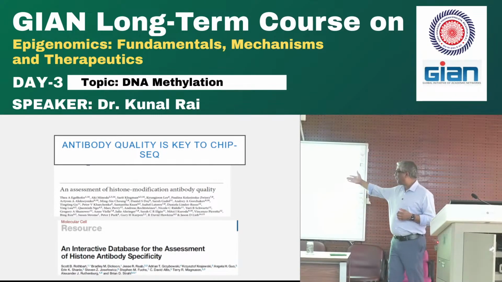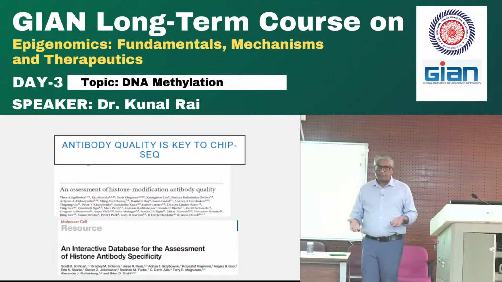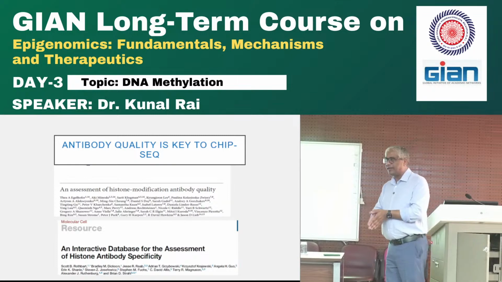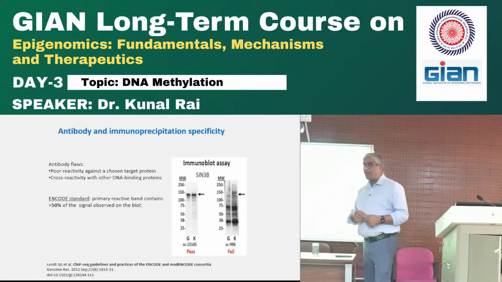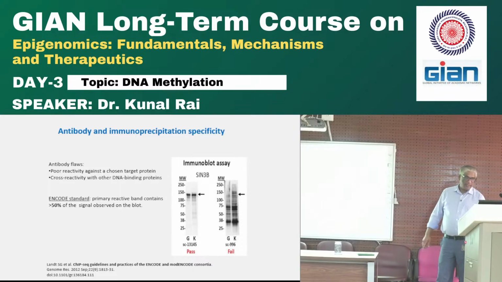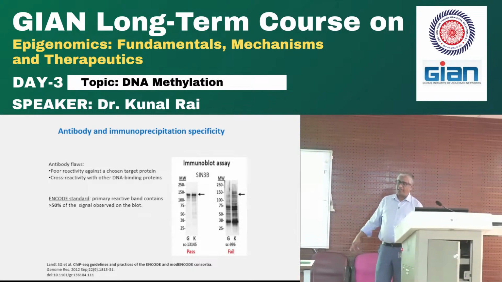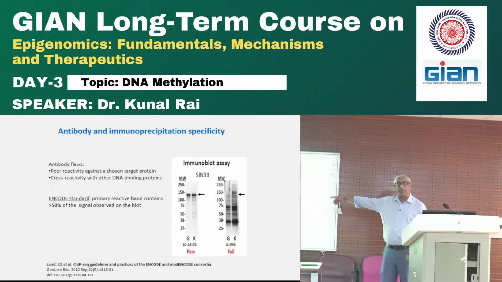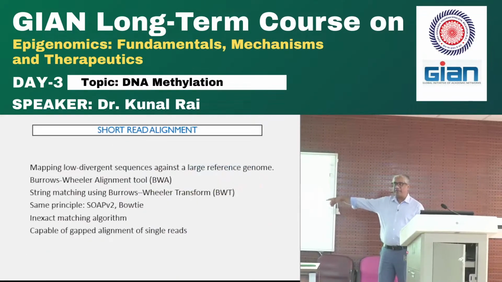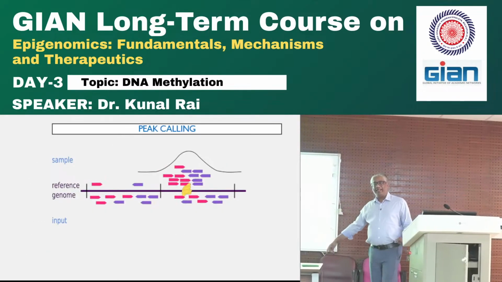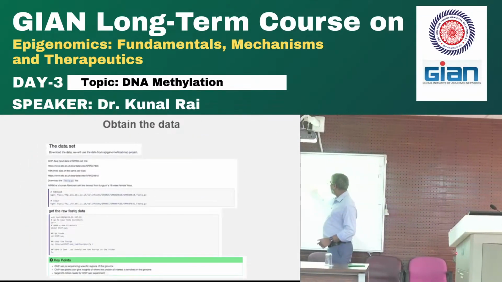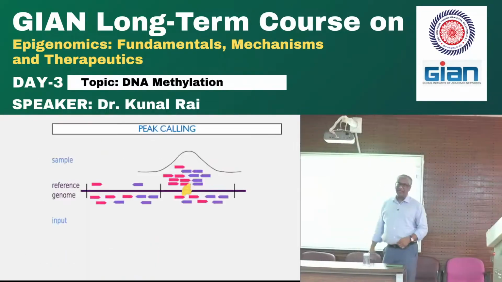So the antibody needs to be as specific as possible to the protein of interest. Otherwise, you're going to pull down non-specific stuff. You're going to have lots of blue and gray regions, lots of these blues and reds, and you won't know what's my red and what's my blue. And then you will, mistakenly, wrongly label that H3K4 trimethyl is present where the blue stuff is, and it's actually not.